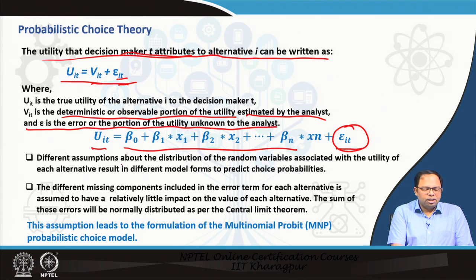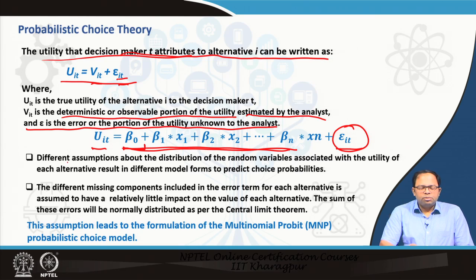And beta 0, as we have discussed earlier, takes care of the characteristics which are not included in the equation. So, this part is the unknown.